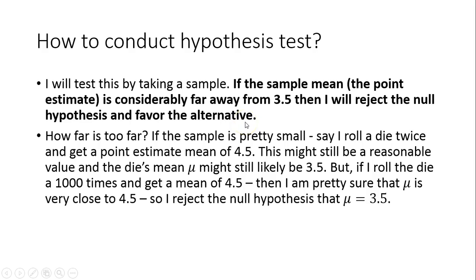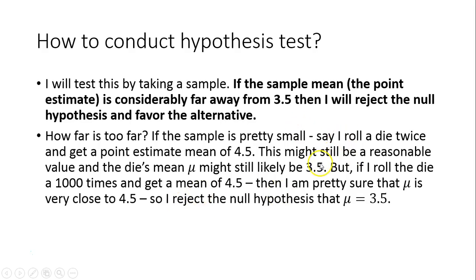So how far is too far? If the sample is pretty small, say I roll a die twice and get a point estimate mean of 4.5, this might still be a reasonable value, and the die's mean mu might still likely be 3.5.